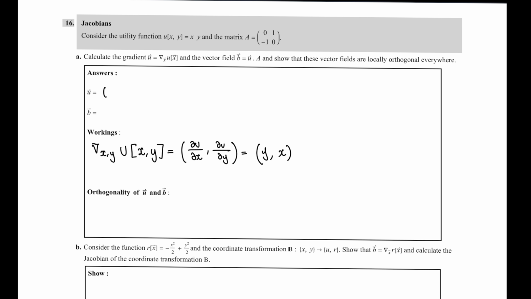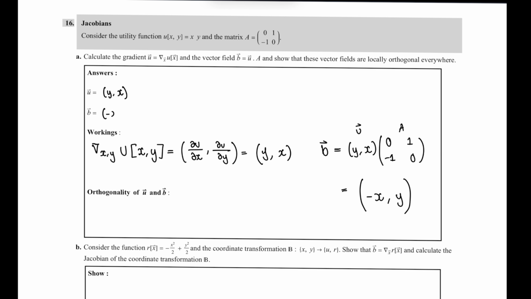So the gradient is y comma x. And then to work out the vector field b, we have to multiply the gradient, which is y comma x, by the matrix A, which is 0, 1, minus 1, 0. When we do that, we get minus x and y. So here we get minus x comma y.